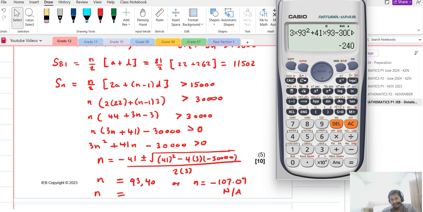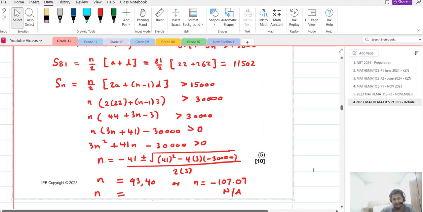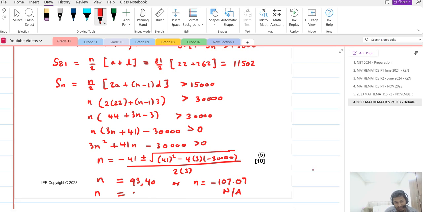I'm getting a negative answer. So if I try 94, that's going to work. So 94 works. So the answer is 94 total terms.